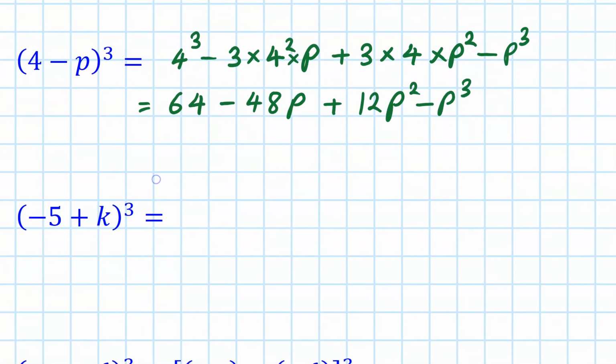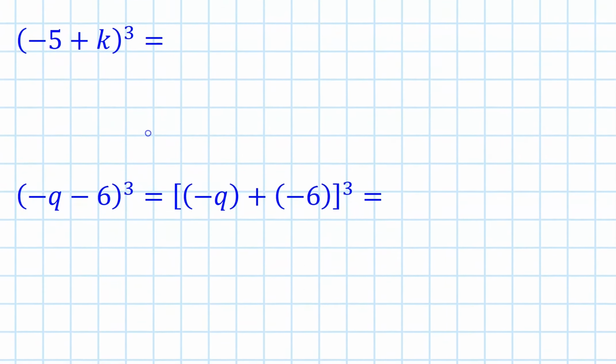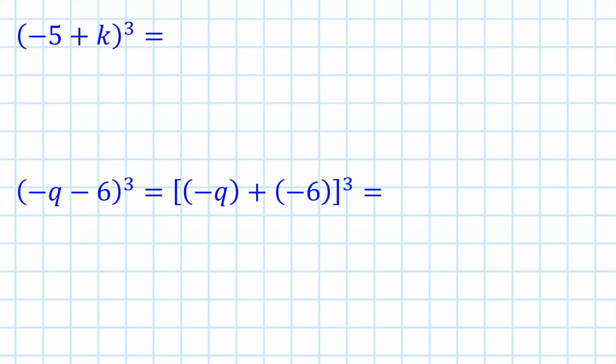Okay, we're going well. Next couple. (-5 + k) cubed. This can be written as (k - 5) cubed expanded.